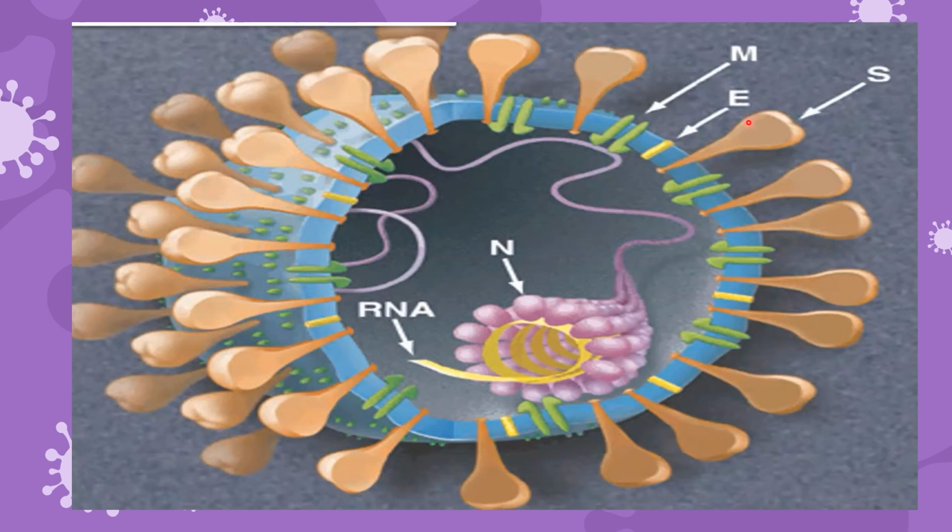Another is the envelope protein, which is represented by the letter E. This is the smallest protein among them, and it is responsible for protecting the viral component. And then you have the S protein, for the spike or the corona or the crown, which is for attachment to the host cell.